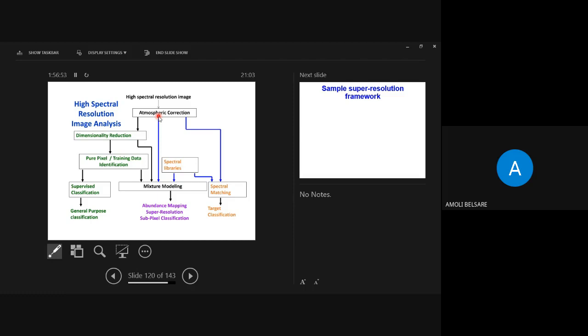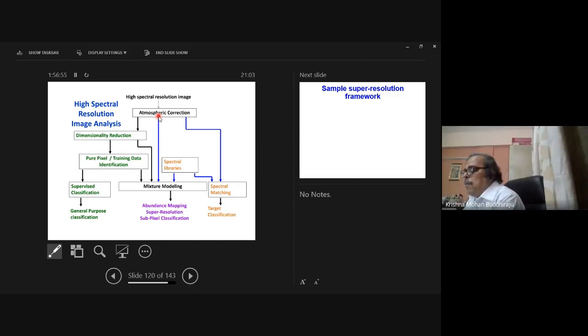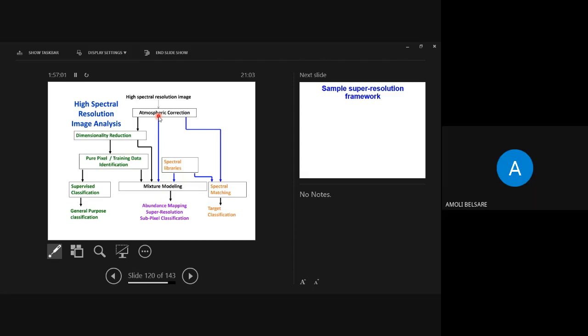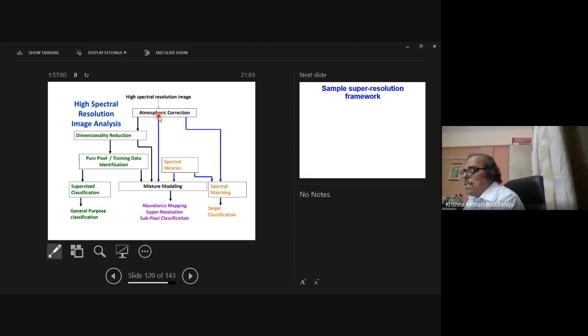Suppose 10 nanometers to 20 nanometers is one sensor bandwidth, and 20 to 30 is the next one. The first one will not have exactly 10 to 20. It may start at 5 and go up to 25.